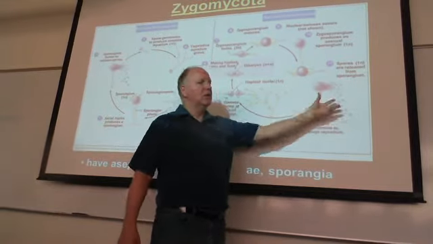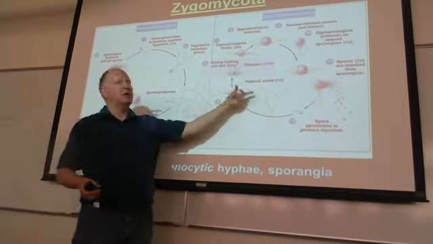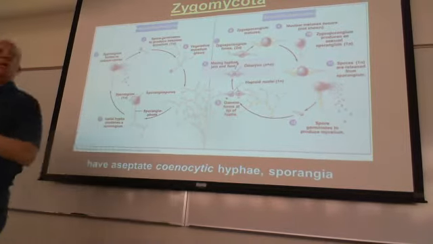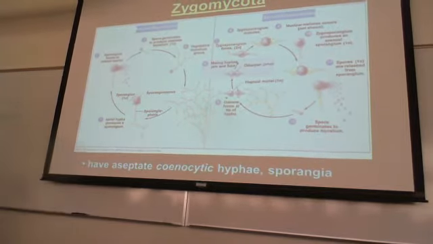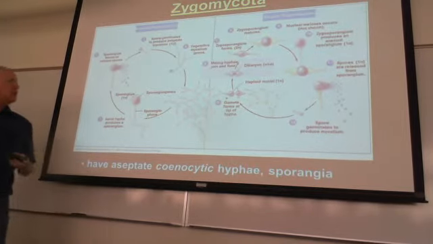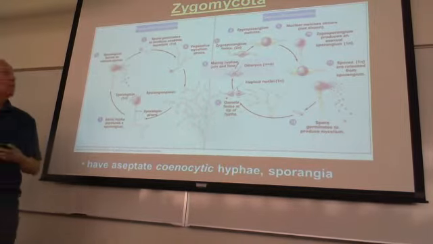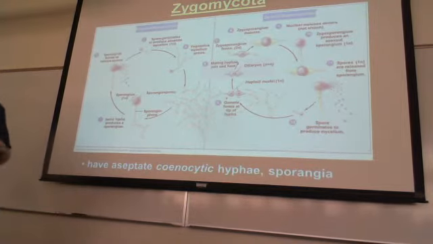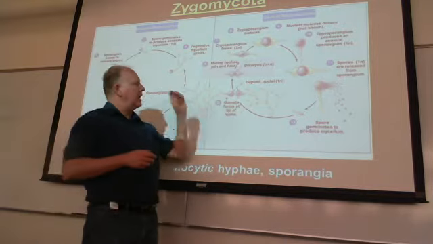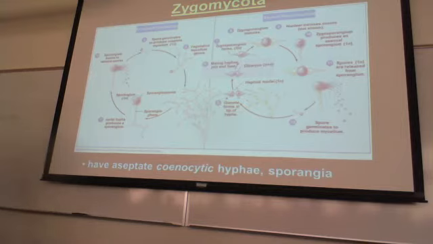And then these can land and grow into a new fungal thallus that can either reproduce asexually or sexually. So that's the sexual reproduction in the zygomycota. We're going to see it's just slightly different when we look at the ascomycota in just a moment. So any questions so far?